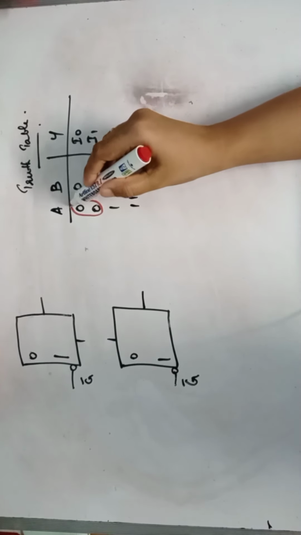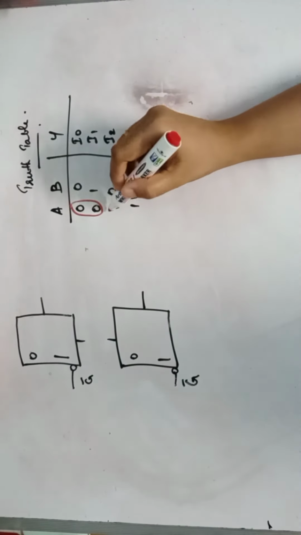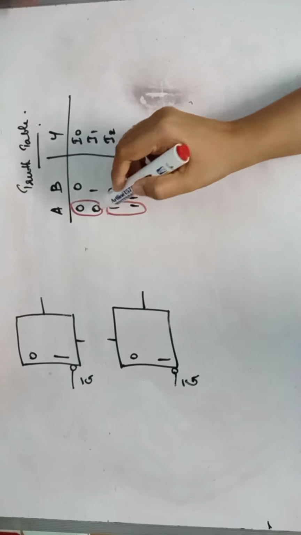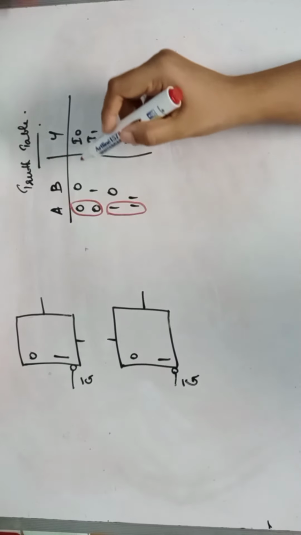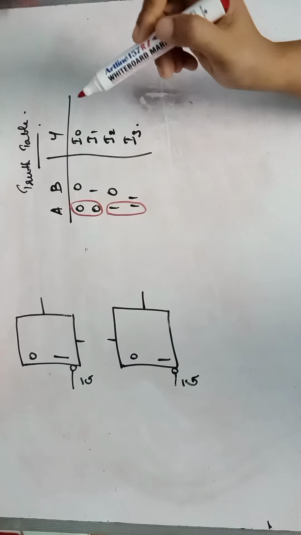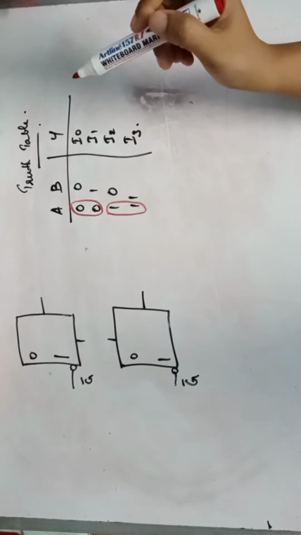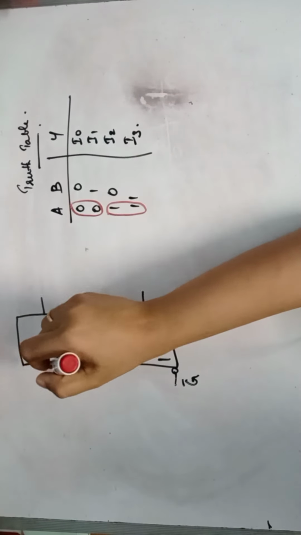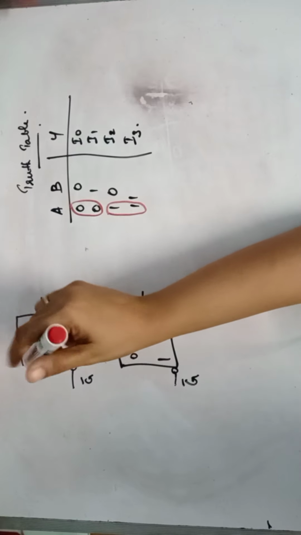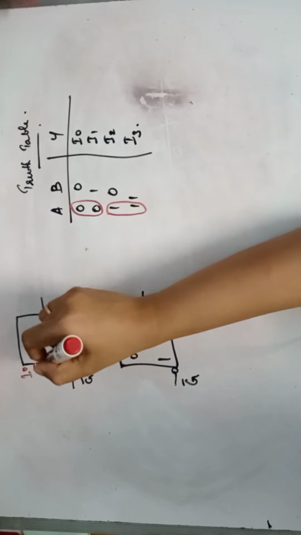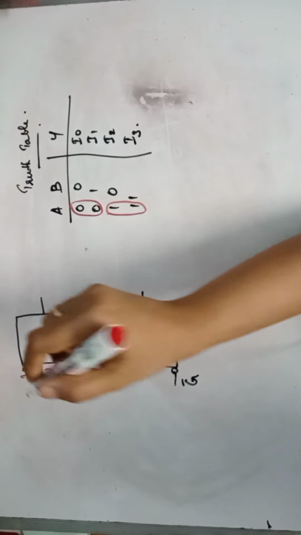Okay. So keeping that in mind, here we can say that in these two cases A is 0 and in these two cases A is 1. When A is 0 and B is 0, then I0 is selected. A is 0 and B is 1, then I1 is selected. So suppose this is my I0. I am naming the second input as I1.